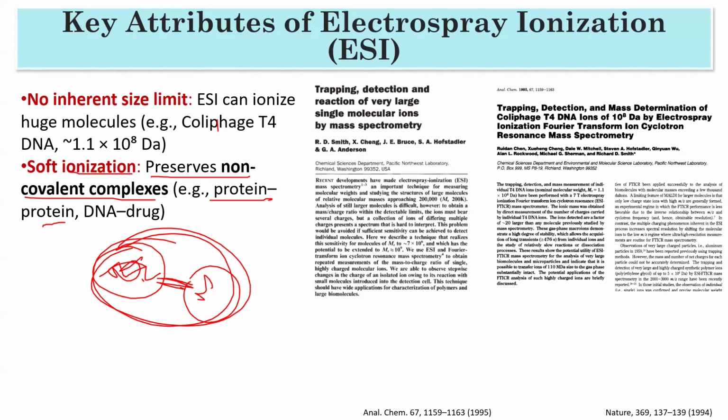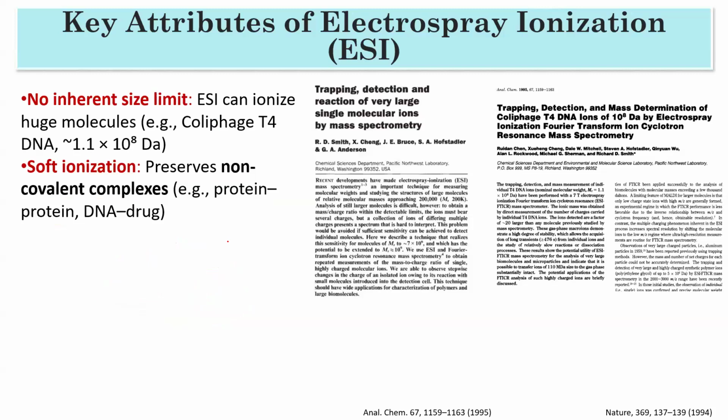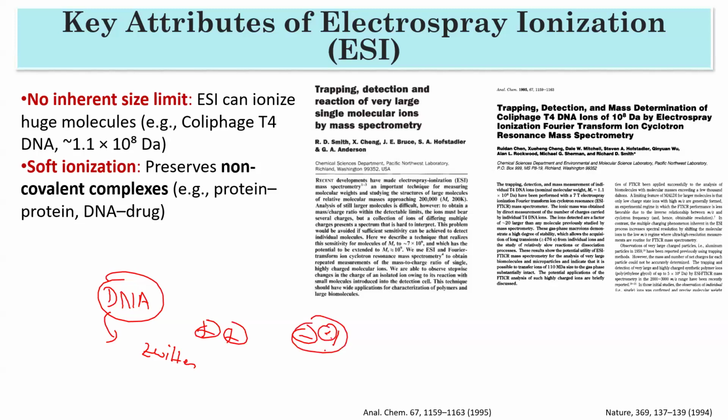See, when you say DNA is ionized, I think we should not say that. Overall your DNA will be a neutral molecule, right? There could be some zwitterion, with some plus charge and some minus charge, but overall they are neutral.